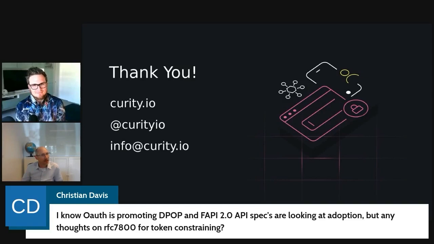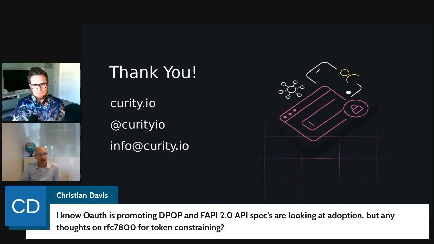So if I recall correctly, it's proof of possession key semantics for JWTs, which is what that RFC is. It was sort of a framework for saying how to do proof of possession in general, and was used and referenced from others like DPoP. Back when this one was making its way through the working group, there were quite a few different ideas on how to do proof of possession.